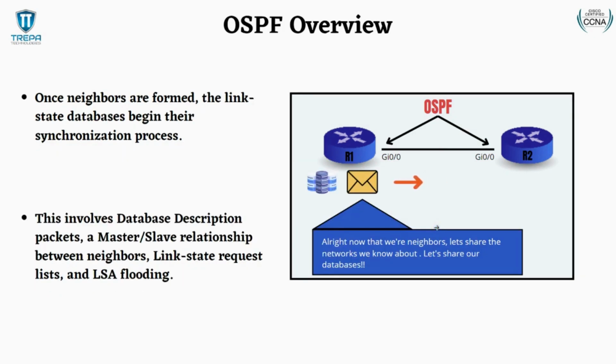Okay, so once neighbors are formed, and we just learned how we form neighbors, right? Hello packets have to match. The link state databases are going to begin their synchronization process. And what that link state database is, again, just imagine we have these networks on R1, /31, /24. And once we enable OSPF on this router, these links are going to build what we call a link state database.